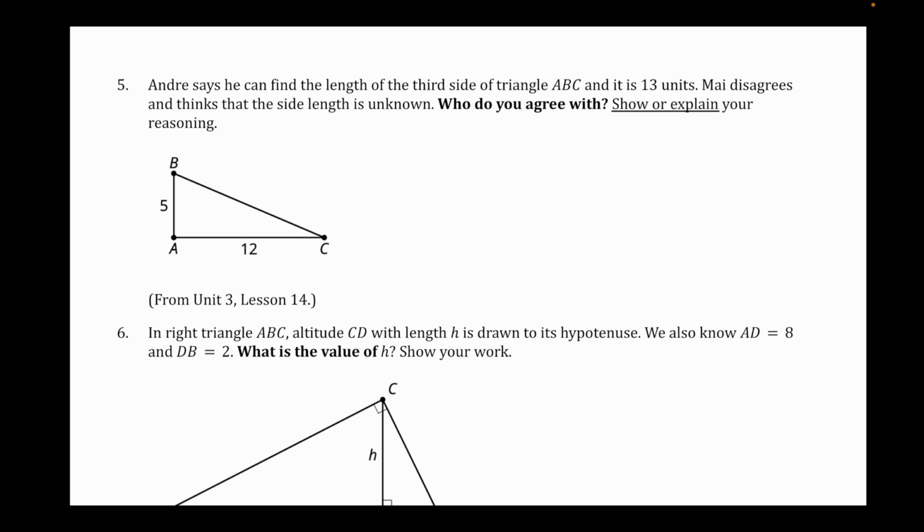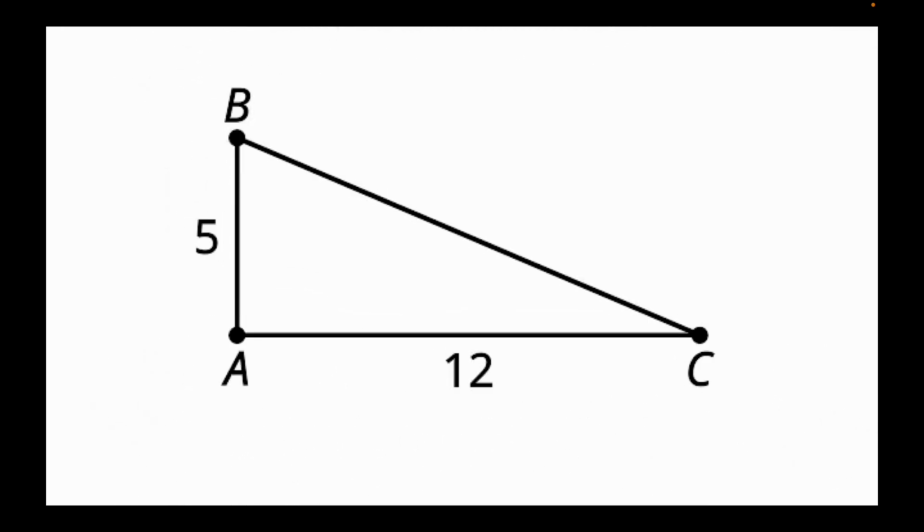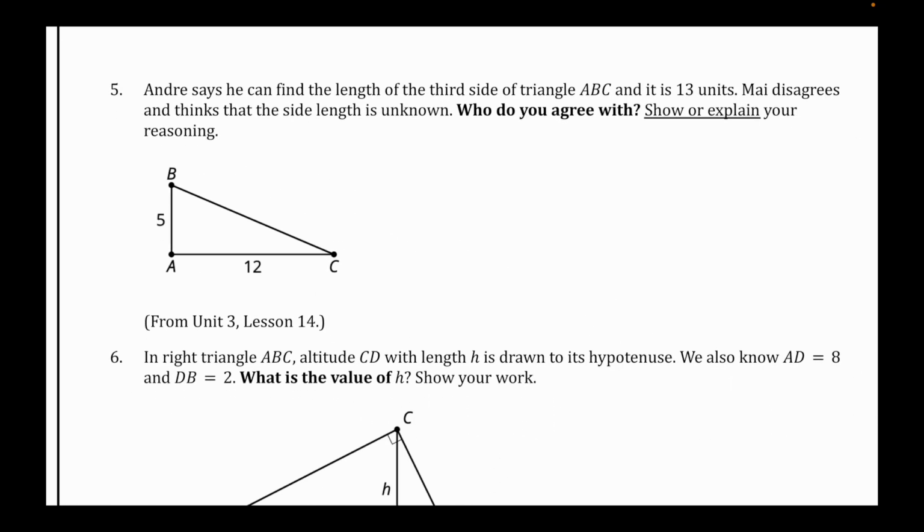Well, like I said, 5, 12, 13 works if this is a right triangle. But "if" is a very important word in that sentence. So I don't see any right angles here. Do you? I see one that looks like it could be, but nothing is labeled and they didn't tell us anything.